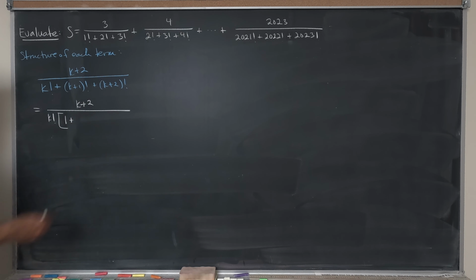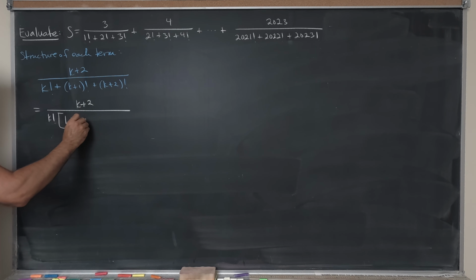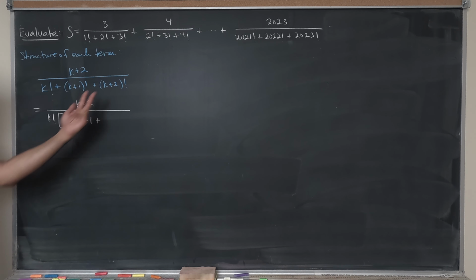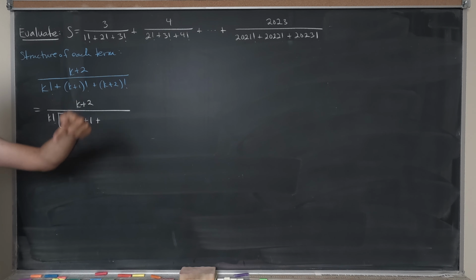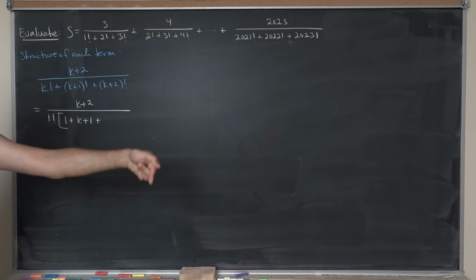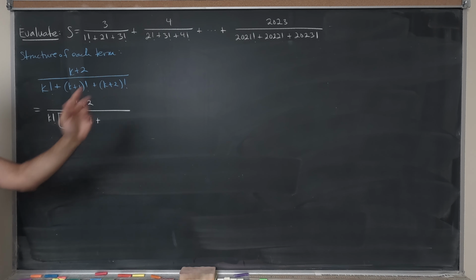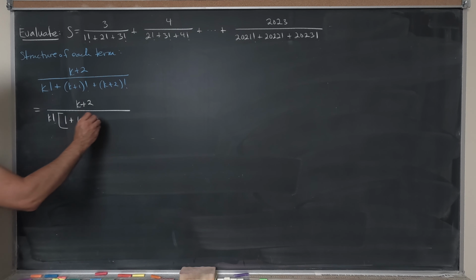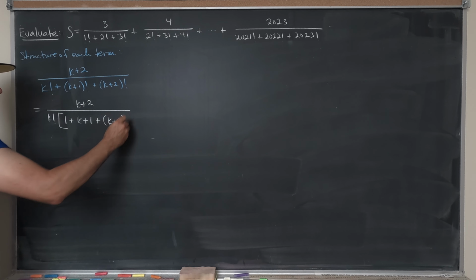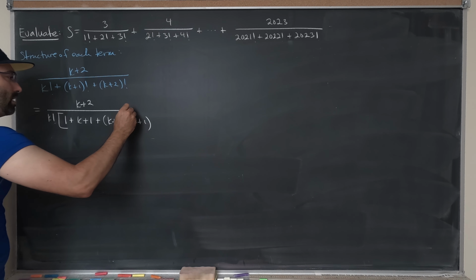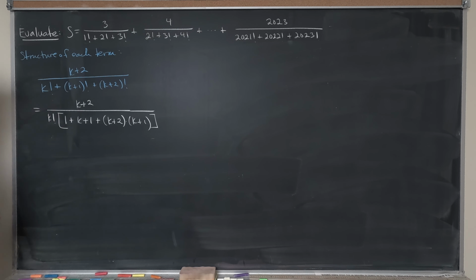So from k factorial onward, that cancels with what we have outside the brackets. So we're left with k plus 1. But then k plus 2 factorial, that's k plus 2 times k plus 1 times k factorial. And that cancels out with this. So all that's left is k plus 2 times k plus 1. Well, that's great. But notice right here, 1 plus k plus 1, that's k plus 2.